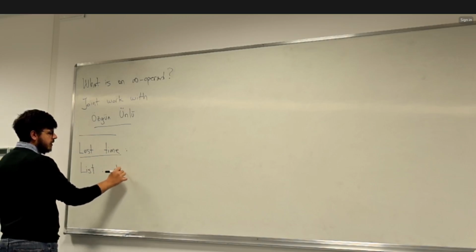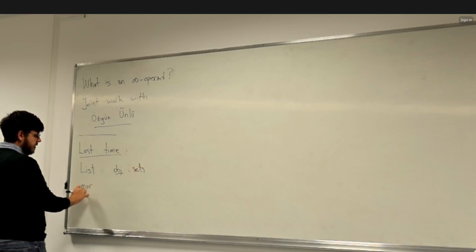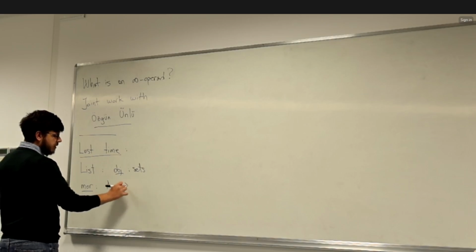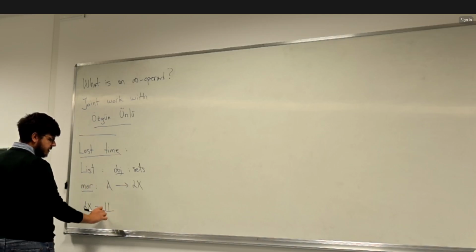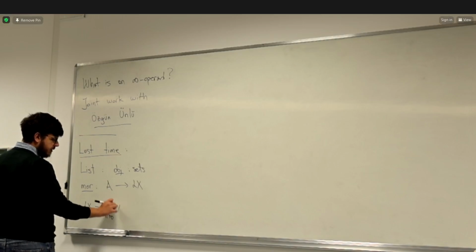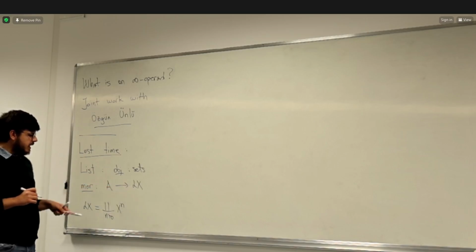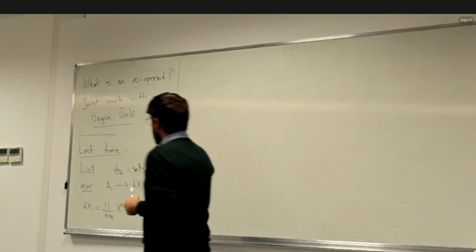The objects are sets, and the morphisms are these mappings where LX is the set of finite sequences. So we are dealing with this category of sets. You assign to A a sequence in X, and you compose by concatenation, etc. So this is a Kleisli category.